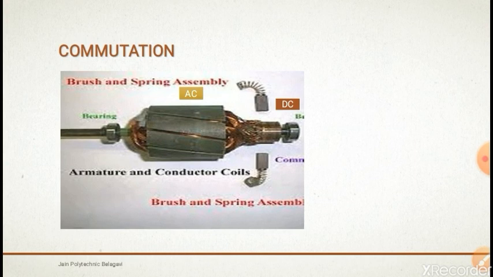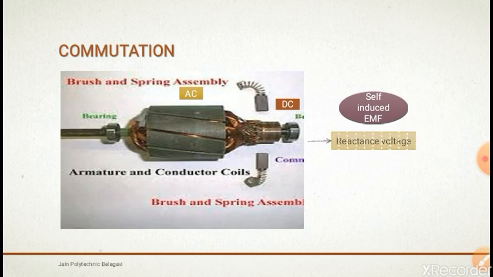It is due to the production of self-induced EMF in the coil which is undergoing commutation. This self-induced EMF in the coil undergoing commutation is known as reactance voltage, which opposes the reversal of the current.